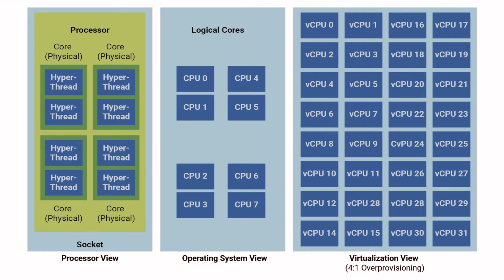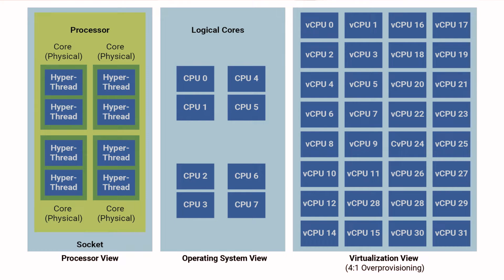So let us look at an example. Let us consider a server with one socket and a processor with 4 cores. The processor view shows a total number of physical cores to be 4, that is 1 times 4. The operating system view with hyper-threading shows the total number of logical cores as being doubled, that is 8, 2 times 4.